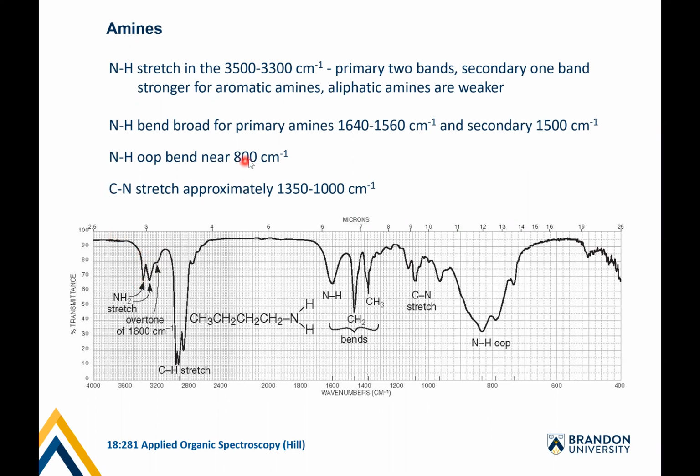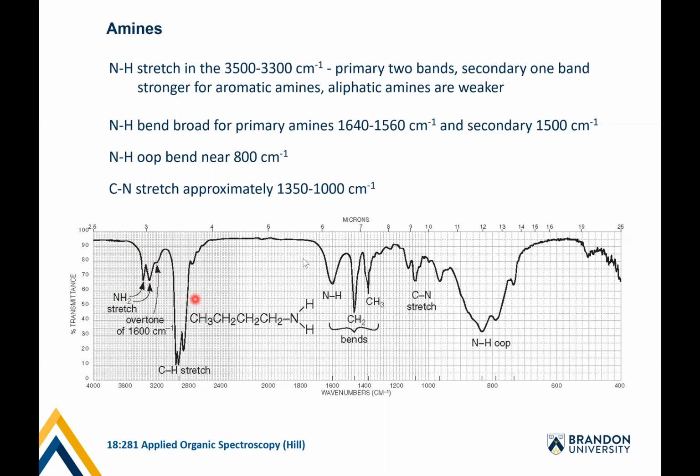And if the amine is a primary amine, where there's one alkyl group and two protons, you will see a double peak. If it's a secondary amine where there's two alkyl groups and one proton, you would see a single peak. These peaks aren't as large as the OH peaks, but they're quite distinctive in this area. And so with amines, those are the main things that you'll be looking for, these peaks here.